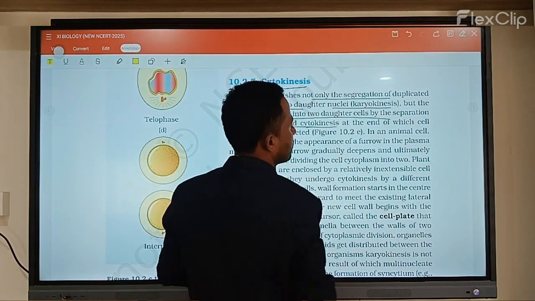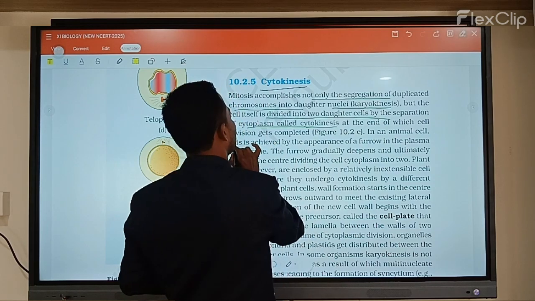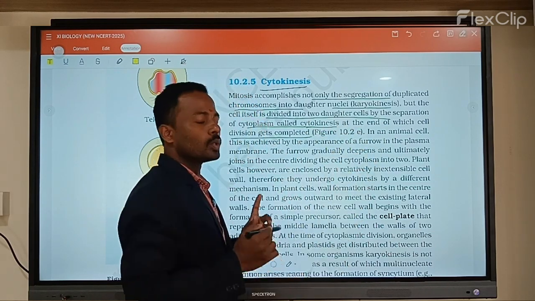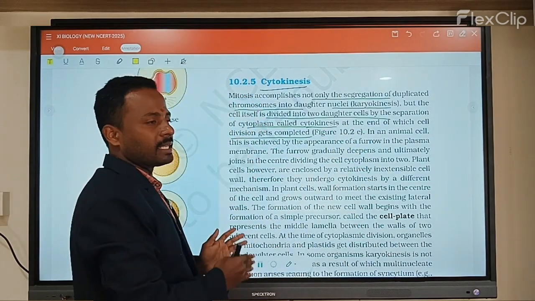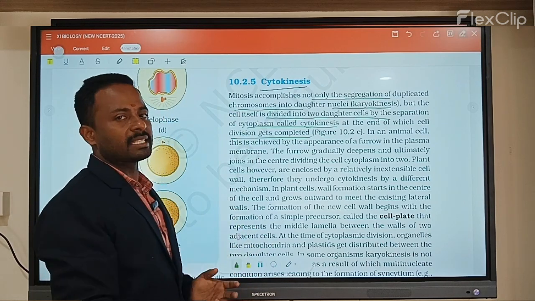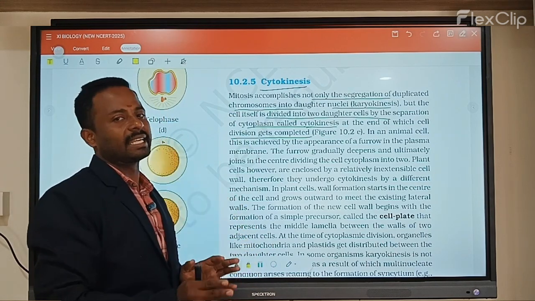This is called cytokinesis, at the end of which cell division is complete. So after karyokinesis is completed, followed by cytokinesis, only then is the entire cell cycle complete.